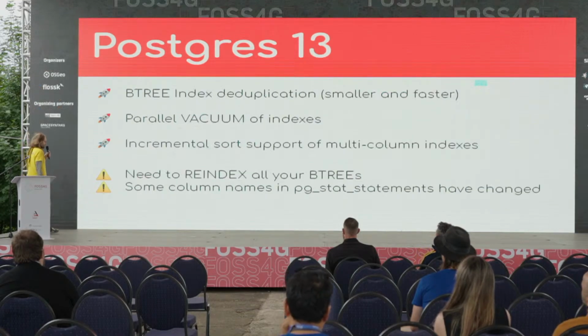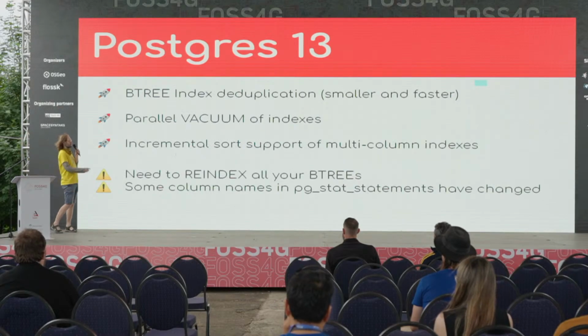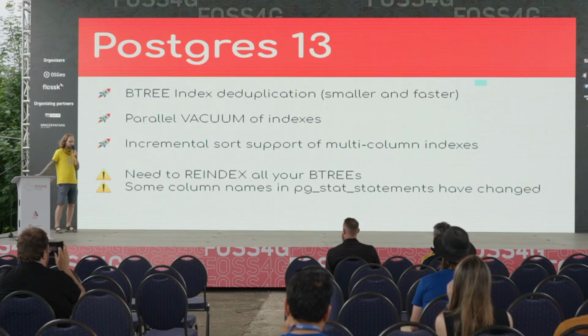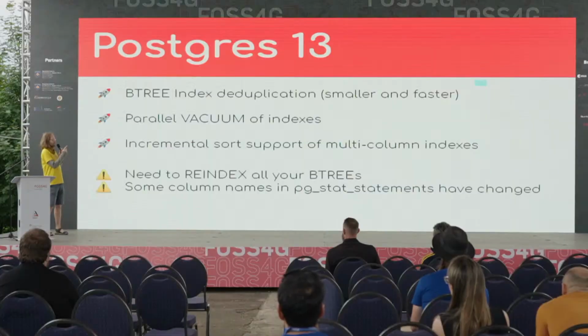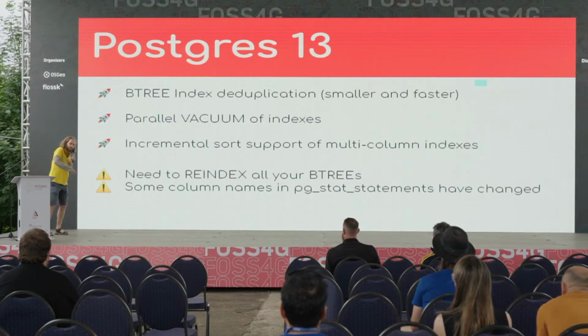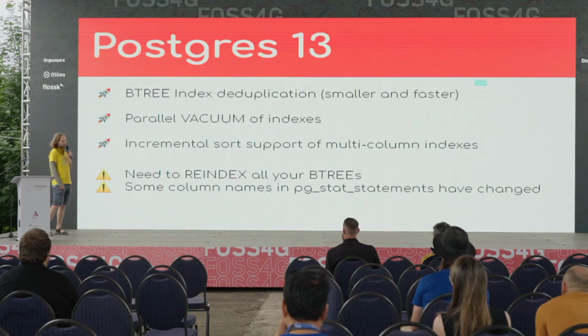Okay, so Postgres 13. This was the big release for the B-tree indexes. Of course we are here at the spatial conference, and we have a lot of spatial data in our Postgres database, but I would still think that you have more B-tree indexes to search on numeric and text columns. So B-tree indexes got smaller and faster with this release. That means after the upgrade, you have to re-index all your B-trees, or all your databases would also be good.